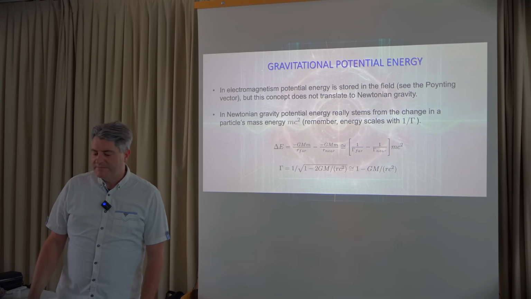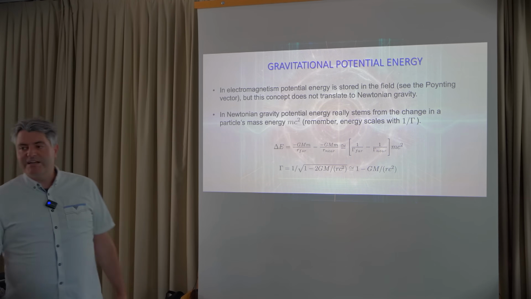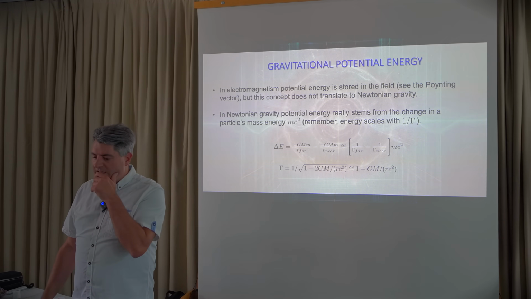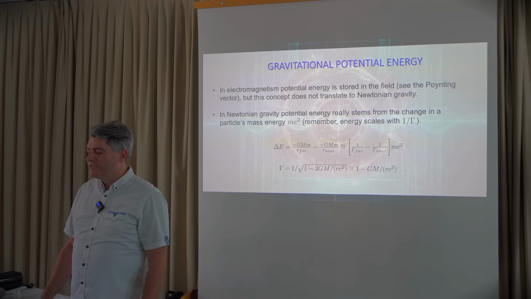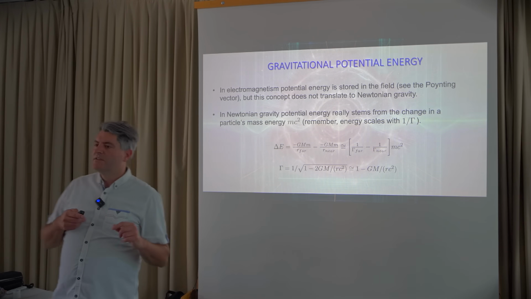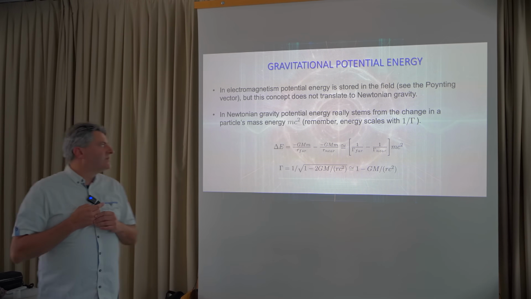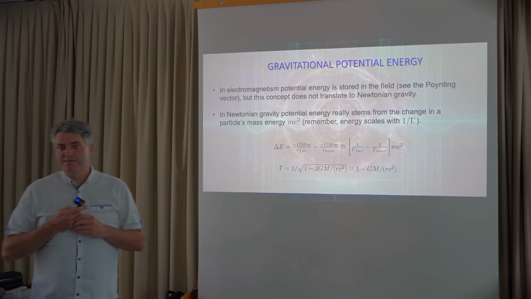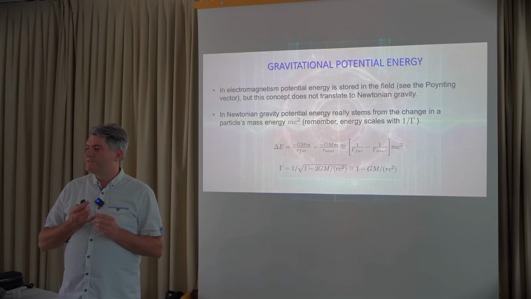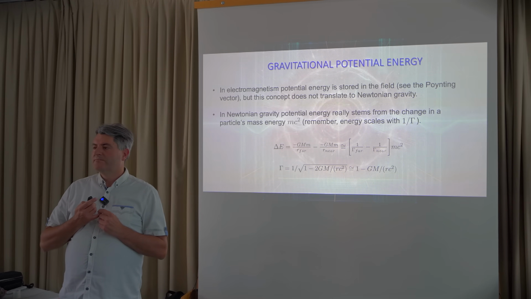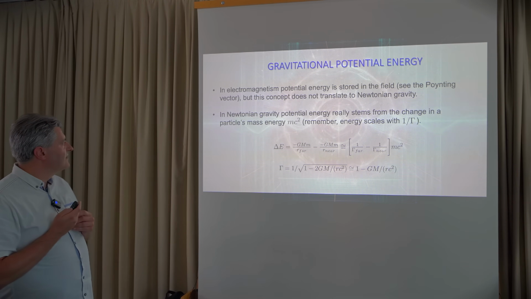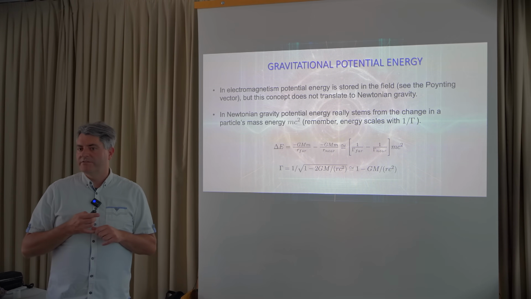Gravitational potential energy. In electromagnetism, the potential energy is stored in the field. So the Poynting vector is related to that. But the same concept does not carry over to gravitational fields. There, the potential energy between two masses is not stored in the field.